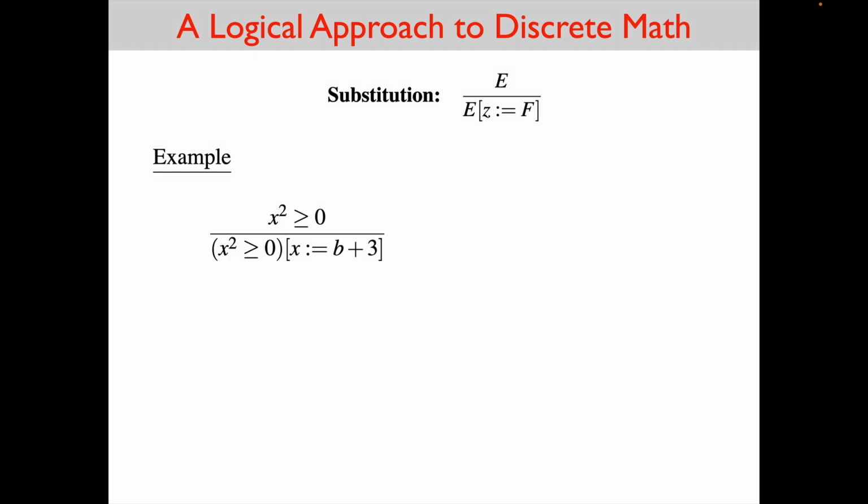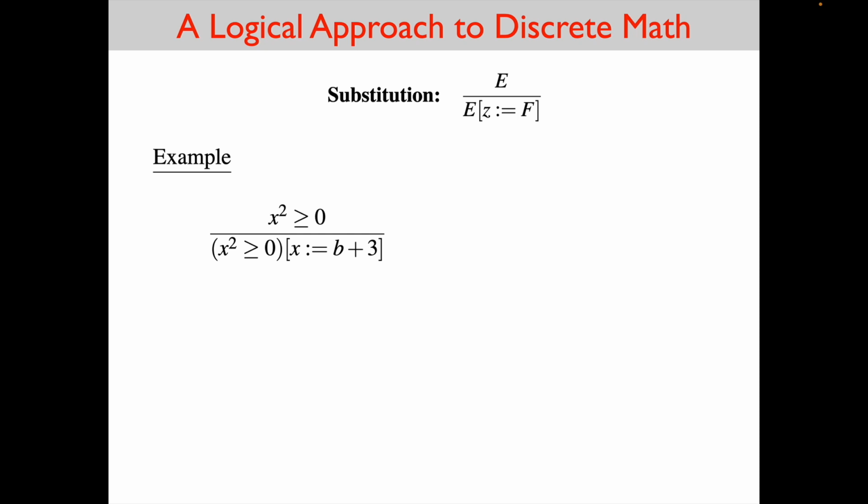We have the horizontal line as usual with inference rules, and on the top of the horizontal line we have this expression x squared is greater than or equal to 0. And then below the horizontal line for the conclusion we have the same expression x squared is greater than or equal to 0, and then we have textual substitution x replaced by b plus 3.